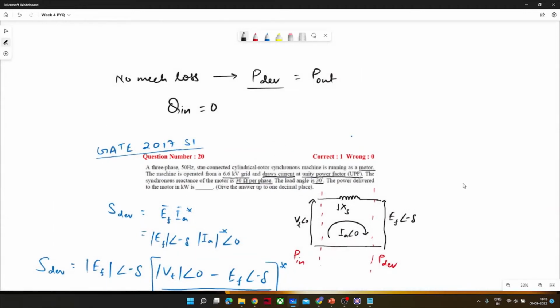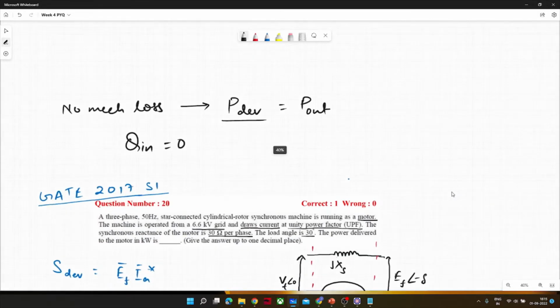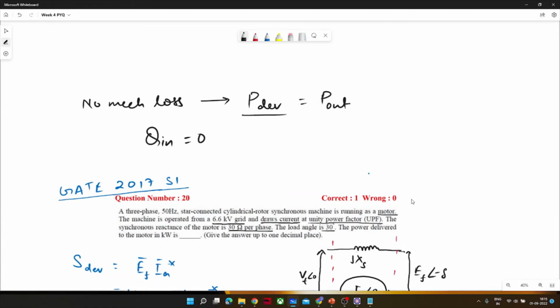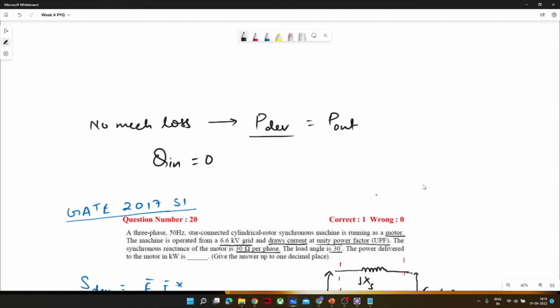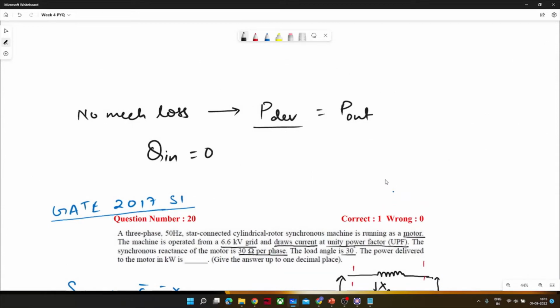It is again based on synchronous machine. And okay, so we will discuss what this is. I guess I haven't discussed this problem earlier, right? Can anybody confirm? No, because I guess it is a new problem. Anyway, let us go ahead with this problem.